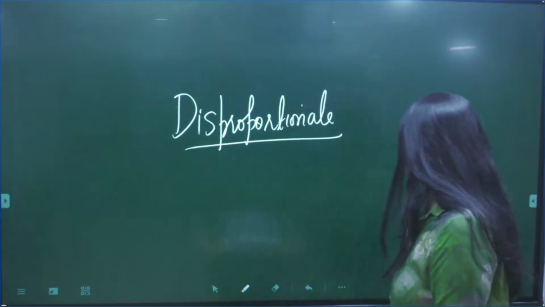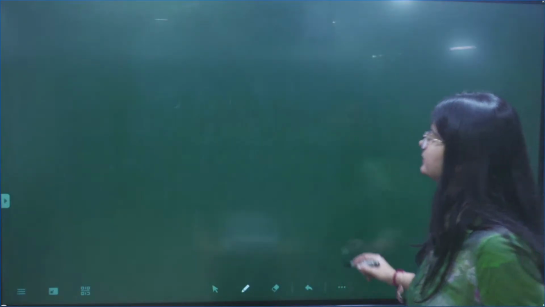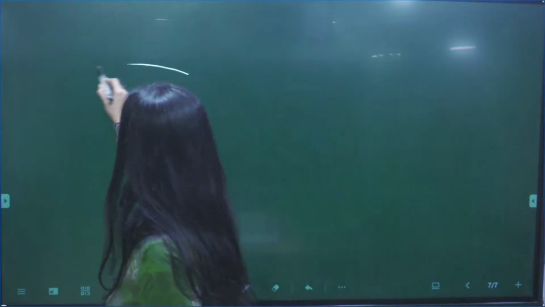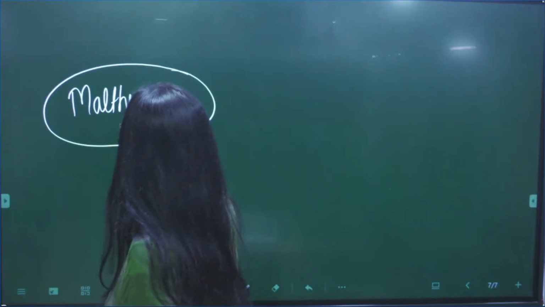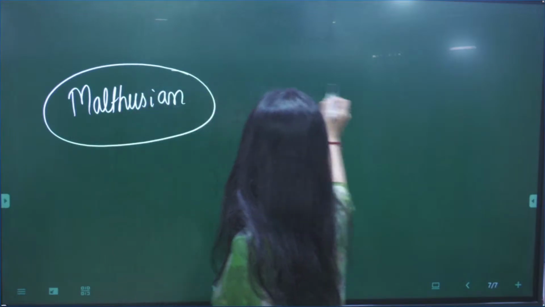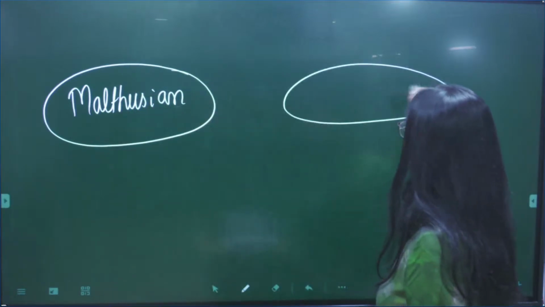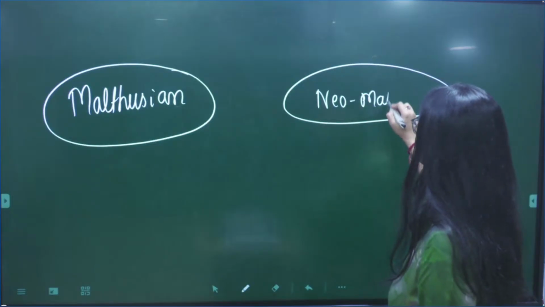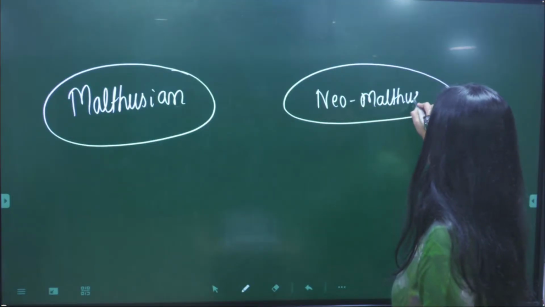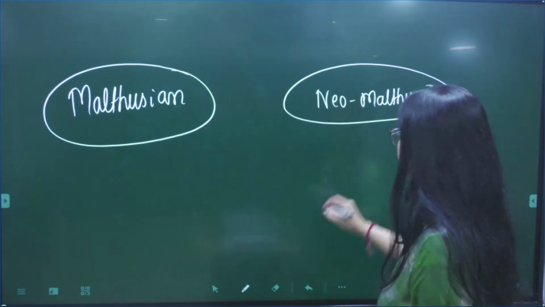So one needs to understand this very clearly. See, if I see the contrast between what Malthus is saying and what Neo-Malthusian is saying, then you will see a drastic difference. Both are saying the same thing basically.